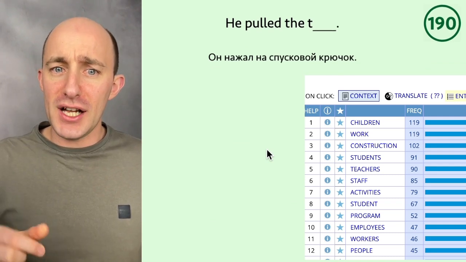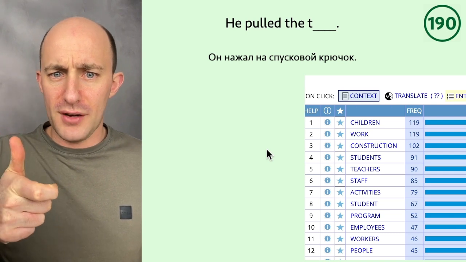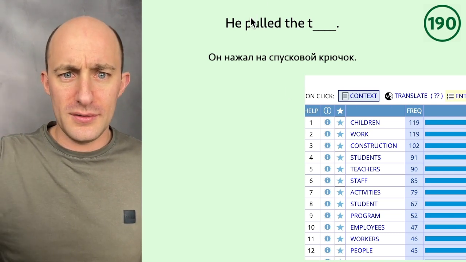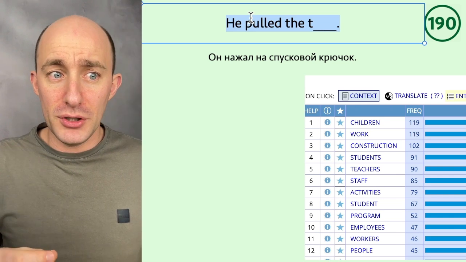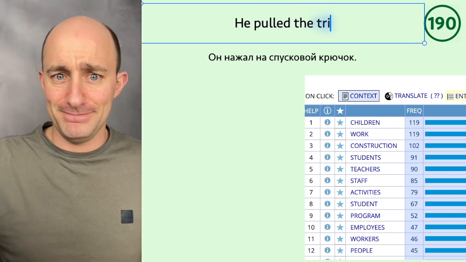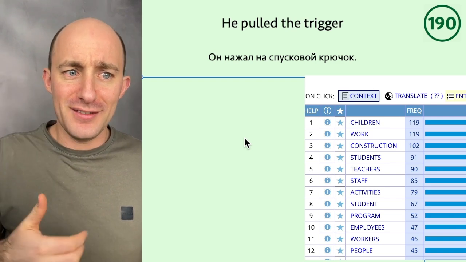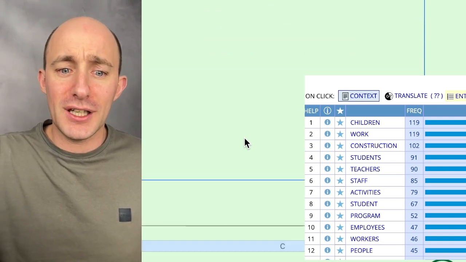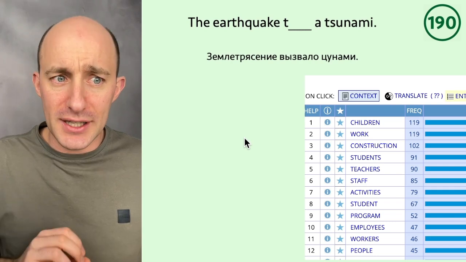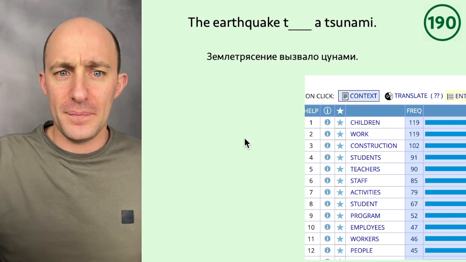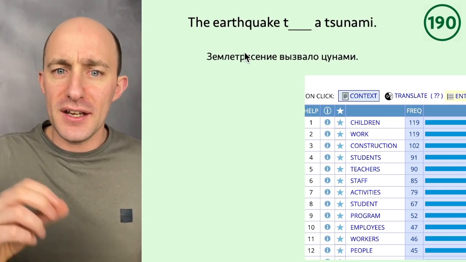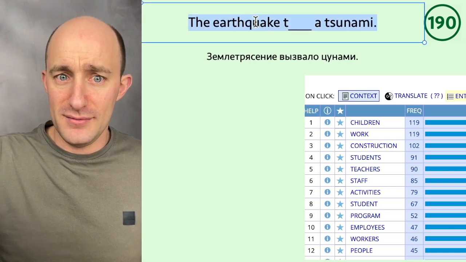190. Он нажал на спусковой крючок. He pulled the trigger. So a trigger is what you find on a gun. It's not the only trigger, of course. And trigger is also a verb. Землетрясение вызвало цунами.